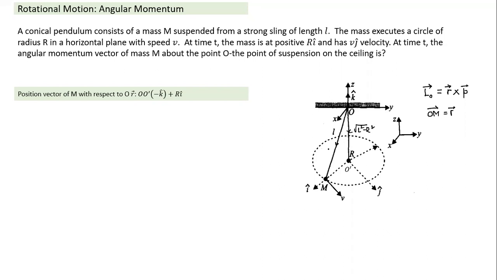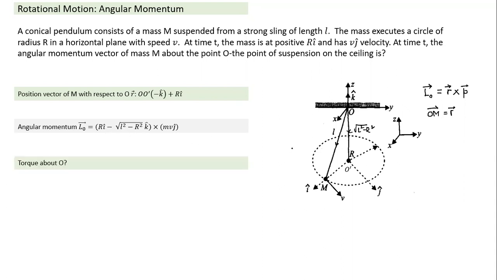The trick in this question was understanding which position vector has to be taken and writing it in vector form. So I have written the OM vector as OO dash vector plus O dash M vector. Once we write this vector, angular momentum is equal to the r vector cross multiplied with the momentum vector, m v j cap, in the same direction as the velocity, and the rest is simply finding the cross product.